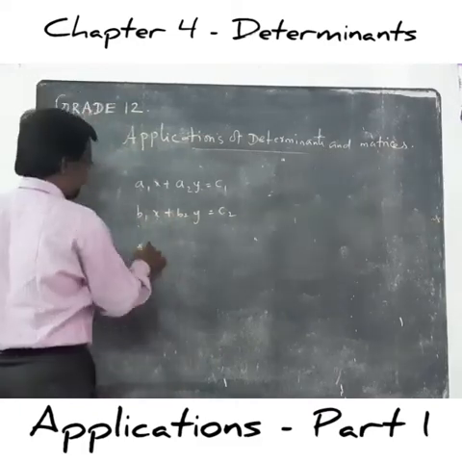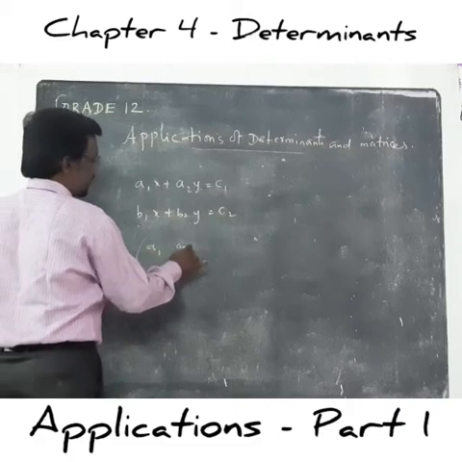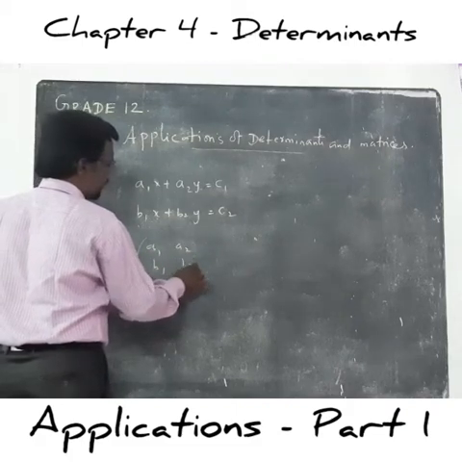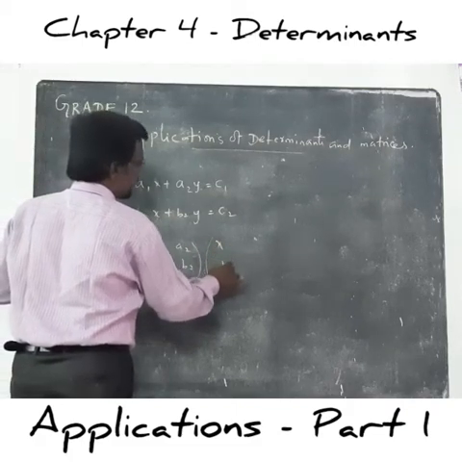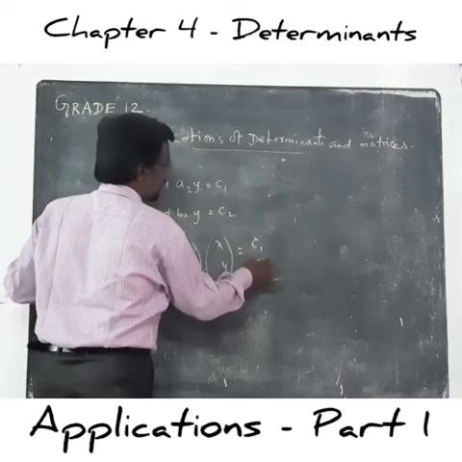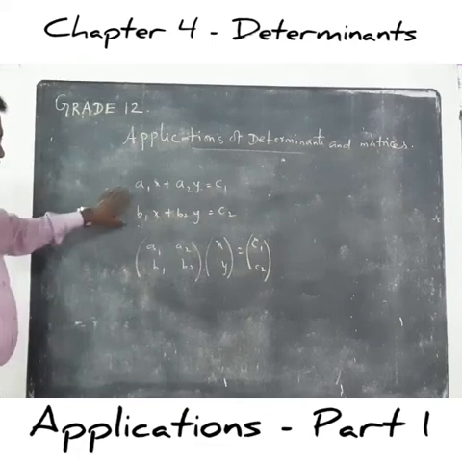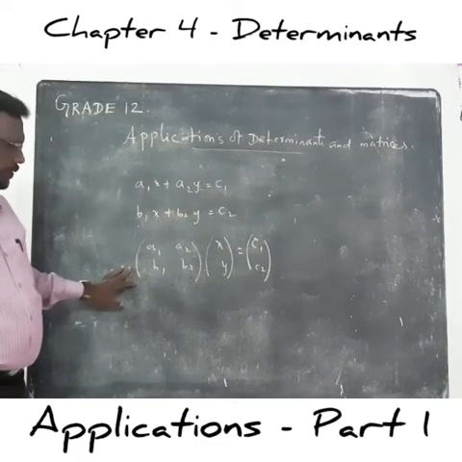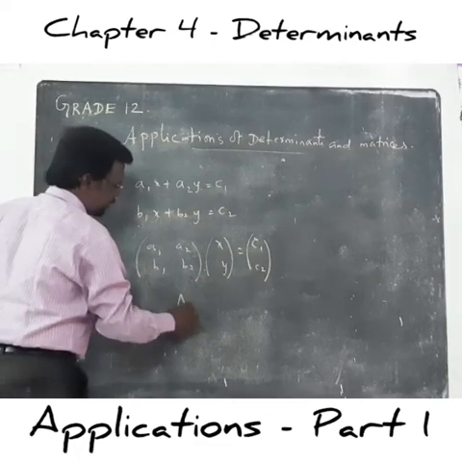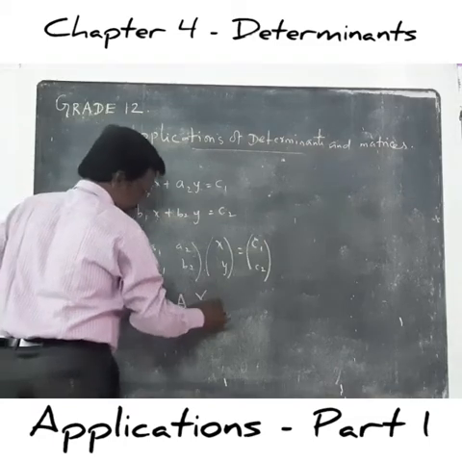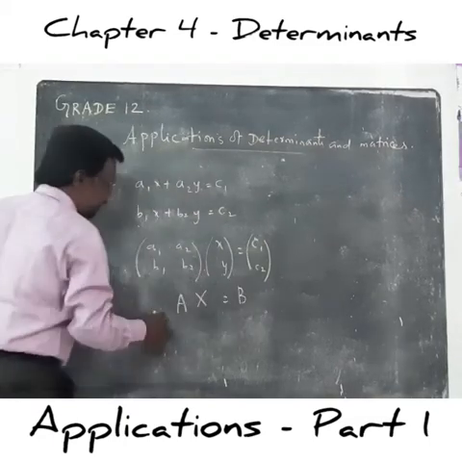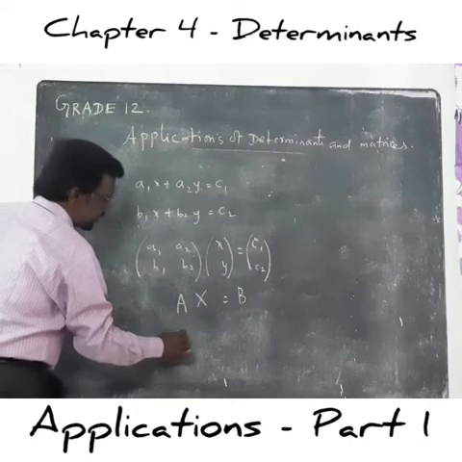Okay. So [A1, A2; B1, B2] into [x, y] equal to [C1, C2]. So we have to write this system of equations using matrices. Suppose this is A, this is X, this is B. So pre-multiply with A inverse.